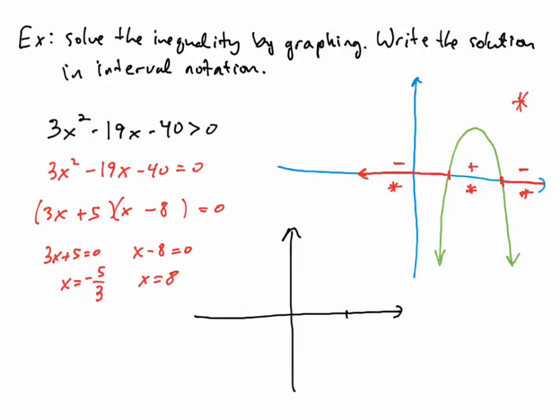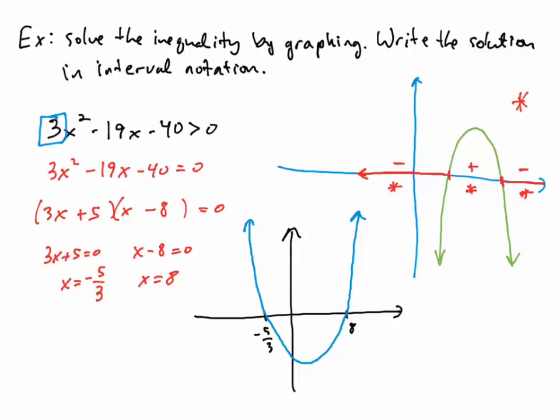And we don't have to be 100% precise here. So the x-intercepts are at these locations. And we know the parabola is opening upward because the leading coefficient is positive. So this parabola is going to go through these positions on the x-axis. It's going to look something like that.